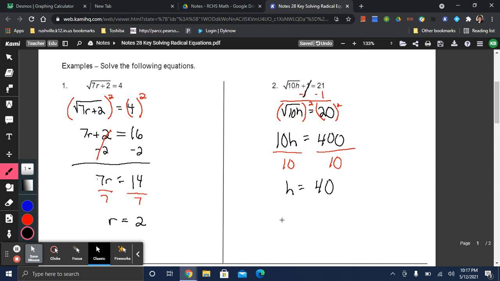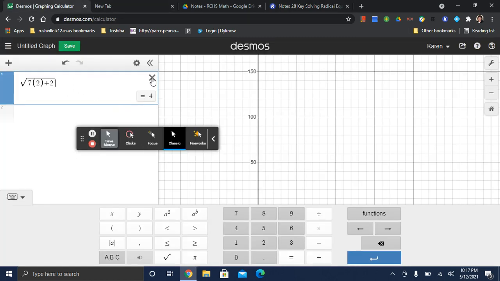So once again, you can use Desmos to check. We would want to have the square root of 10 times 10 inside of a square root, and then plus 1, and that should give us 21. So let's check that out.